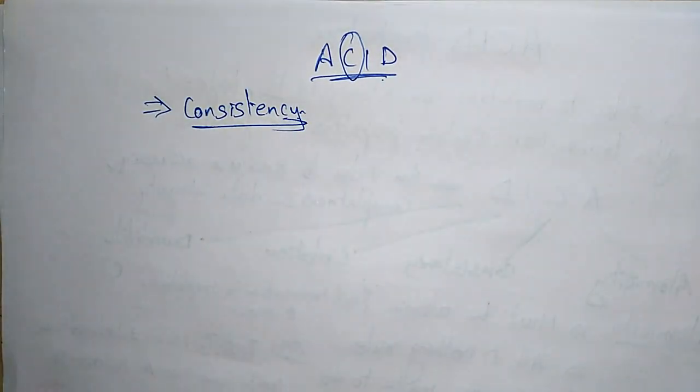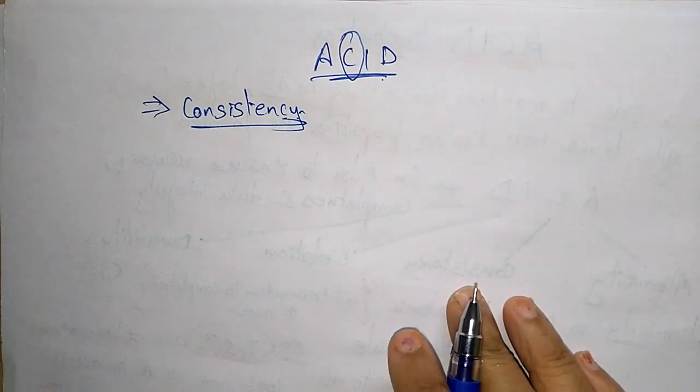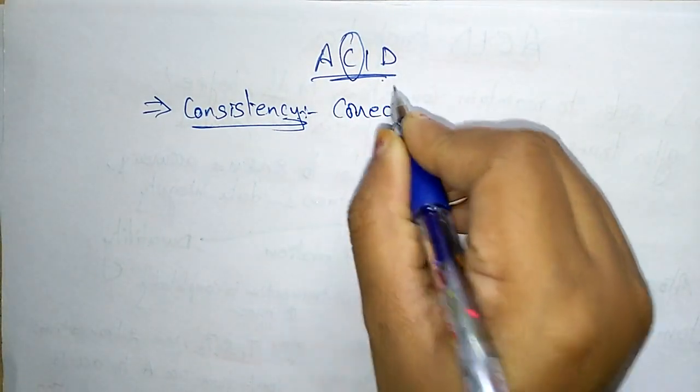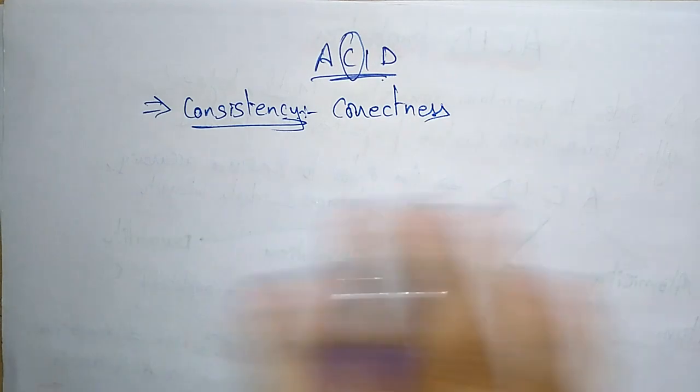In that video we had seen that atomicity means it must be atomic, meaning it has to do all the operations or nothing. Now coming to consistency. Consistency is nothing but correctness. You call it correctness.